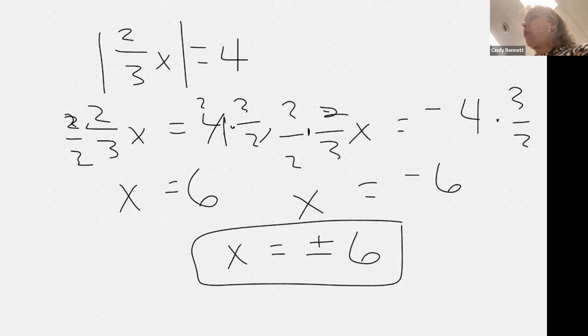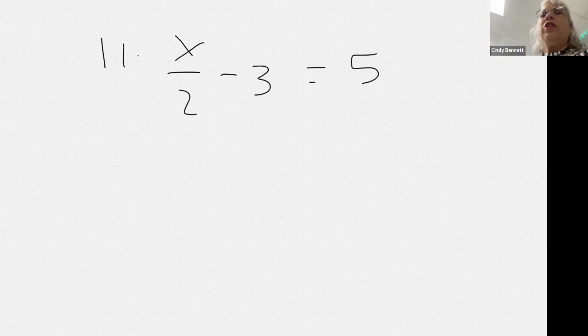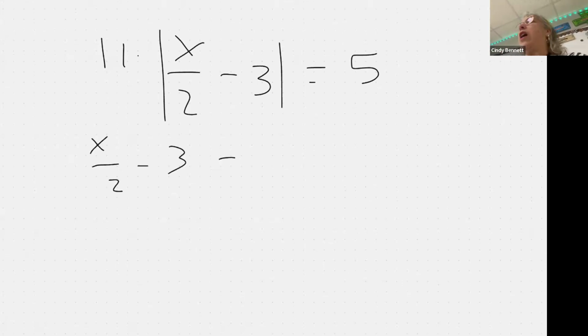Number 11, x over 2 minus 3 equals 5. So you're going to write two equations: x over 2 minus 3 equals positive 5, and x over 2 minus 3 equals negative 5.